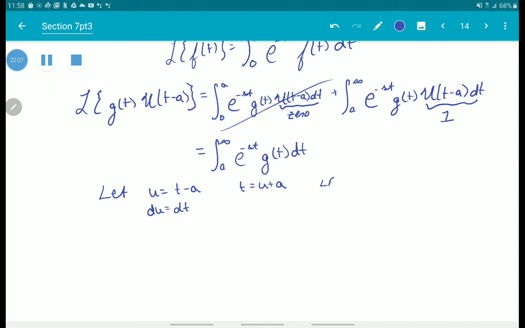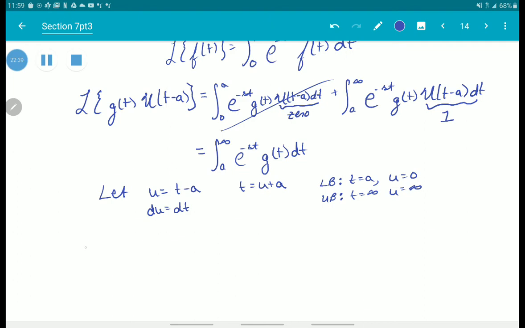Let's talk about bounds. For the lower bound, in the world of t, we're at a. If we were to change to u, then we're going to have a minus a, which is going to be 0. In the world of t, we're going to infinity. If we replace that t with infinity, infinity minus a number is still going to be infinity.